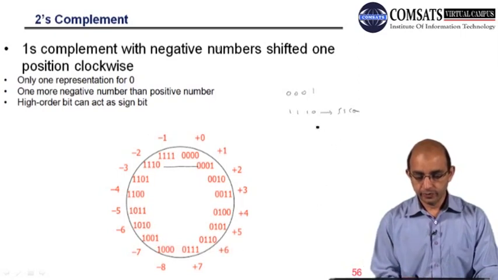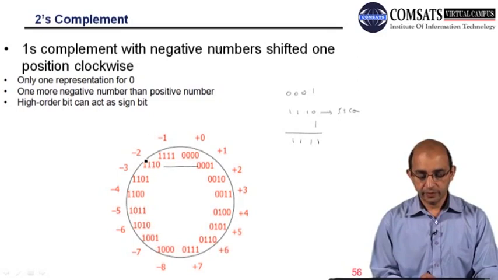So, right, this is the ones complement plus 1: 1 1 1 1 1, 0 0 0 1. You can find something very interesting here.